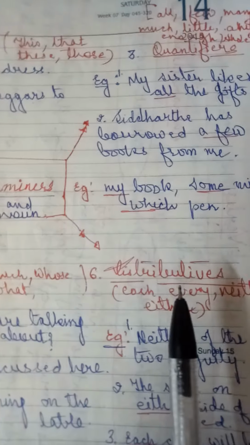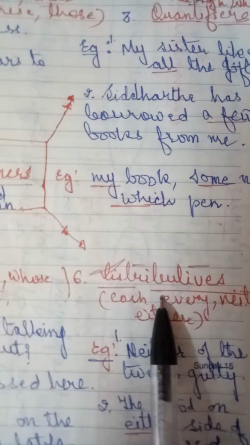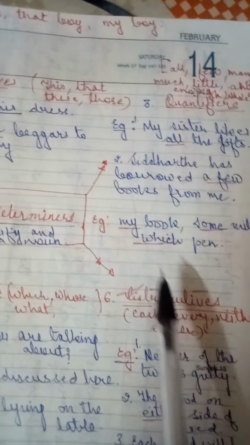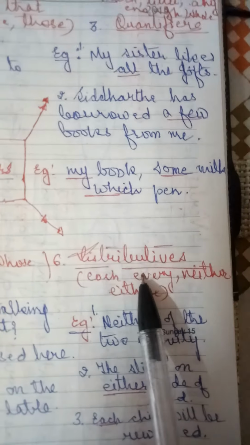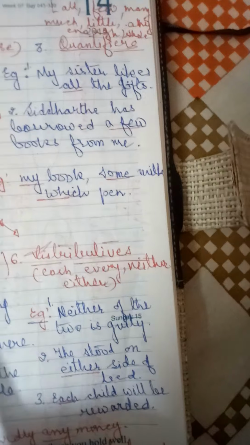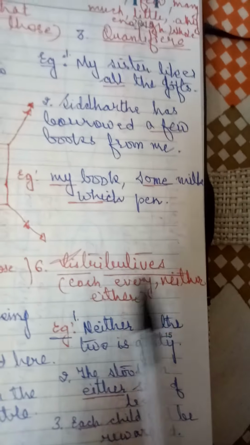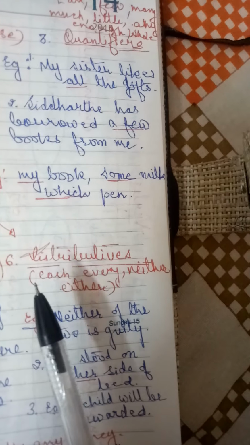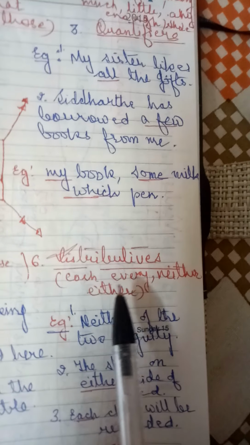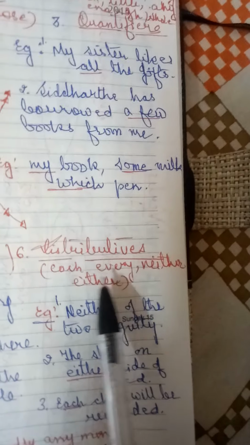Now come back to the distributive adjectives. Here we are talking about determiners, so we'll also talk about the distributive determiners. For example, what are distributive words? If you remember, each, every, neither, either.